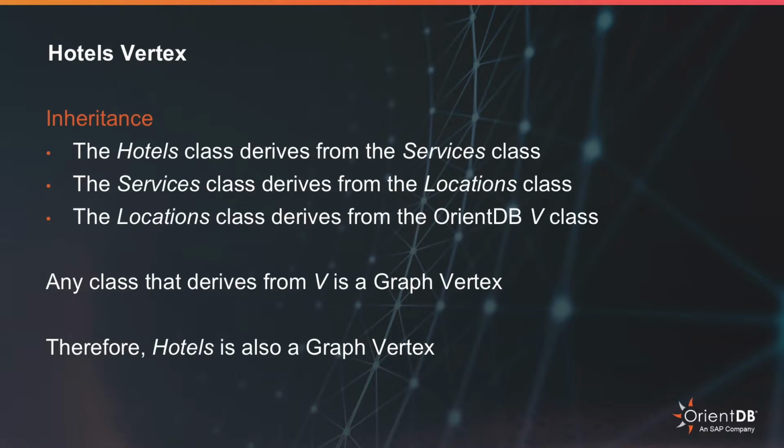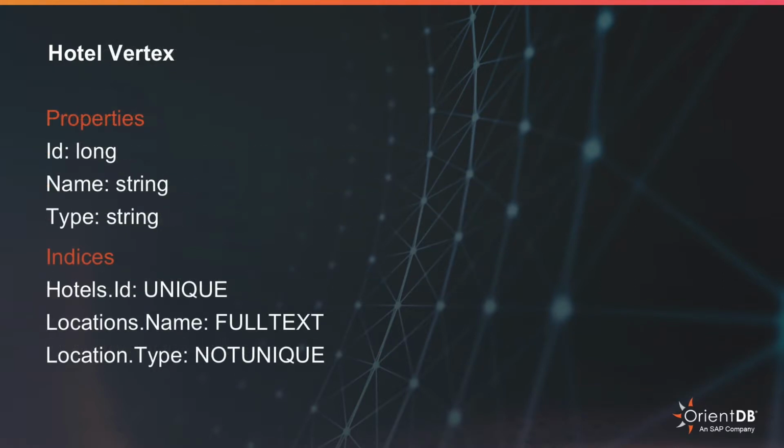That's what V means. Because of that, hotels itself is going to be a vertex. Had we not derived from V, it would just be a regular old record, or what most people refer to as a document. Anyway, because of this, hotels is a graph vertex.